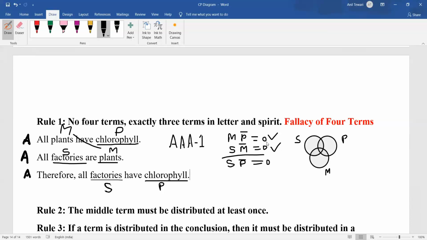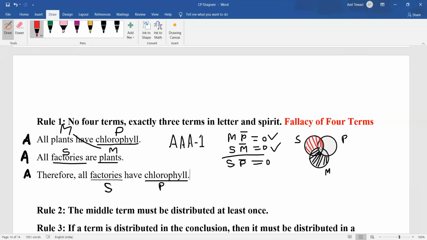MP bar, the area of middle which is outside of P, is 0. Wherever you have bar, you consider that is excluded. So MP bar is 0, then SM bar is 0: the area of subject which is outside of middle is 0.